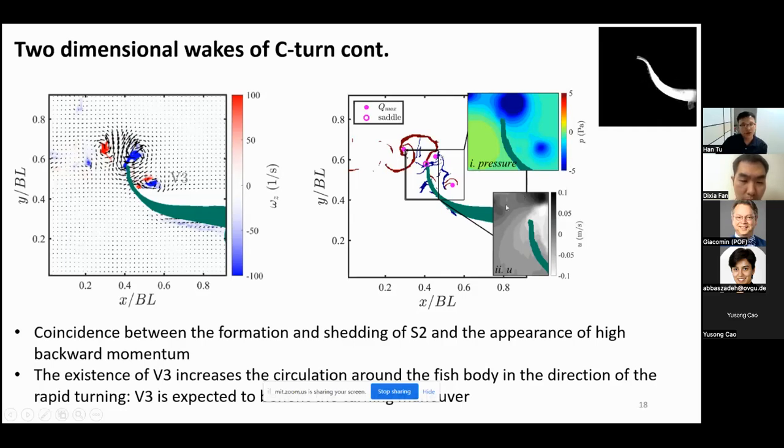So I think V3 is expected to be beneficial for the turning maneuver. We also expect that the fish should suffer a force pointing to the top right, from here to here, because the low pressure is here and the high pressure is here. So the force should be beneficial to the turning maneuver as well.